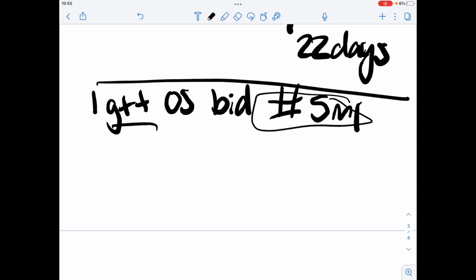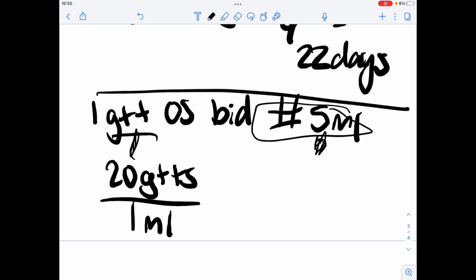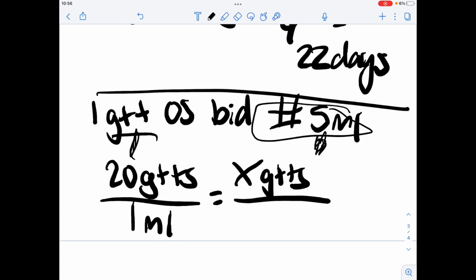However, since the unit here is in drops, we have to convert so we can calculate properly later on. I'm going to take our conversion factor from our measurement sheet: 20 GTTS over 1 ml, equal to what we're trying to figure out, which is how many drops are in 5 ml. Notice how we aligned our like units.